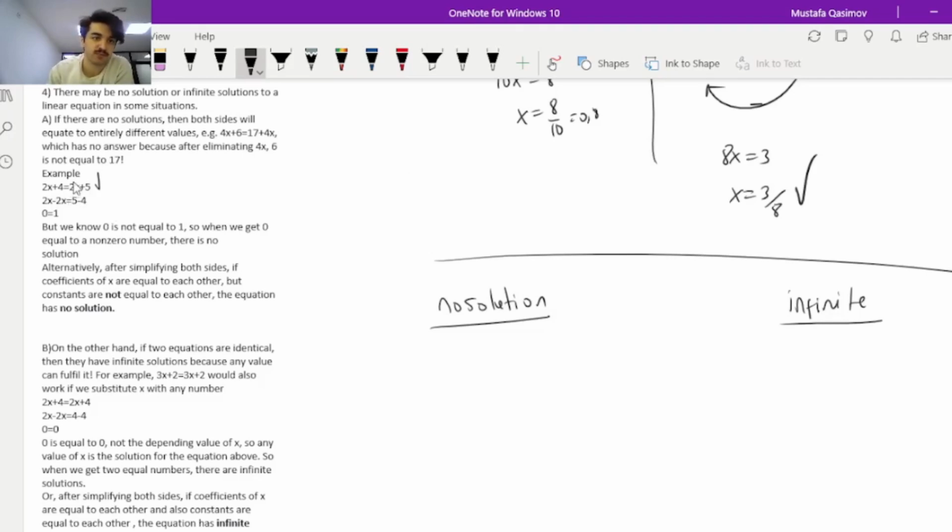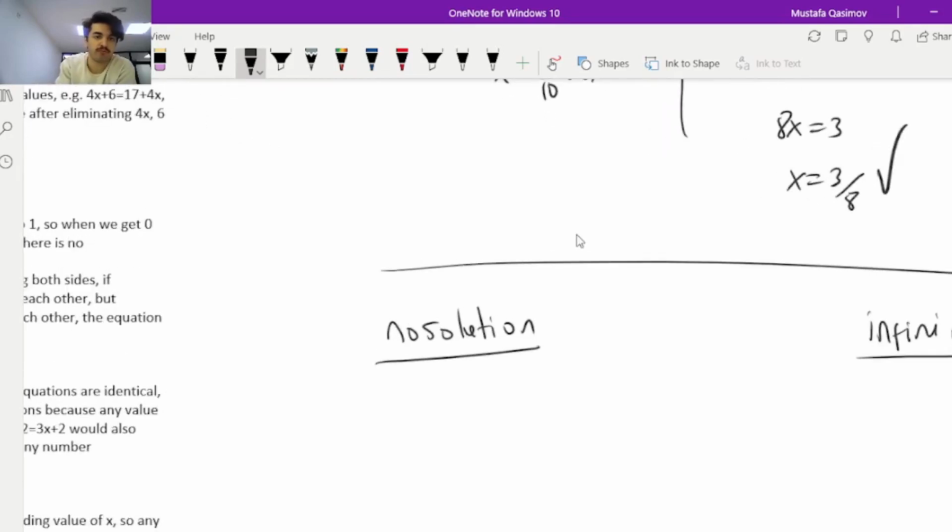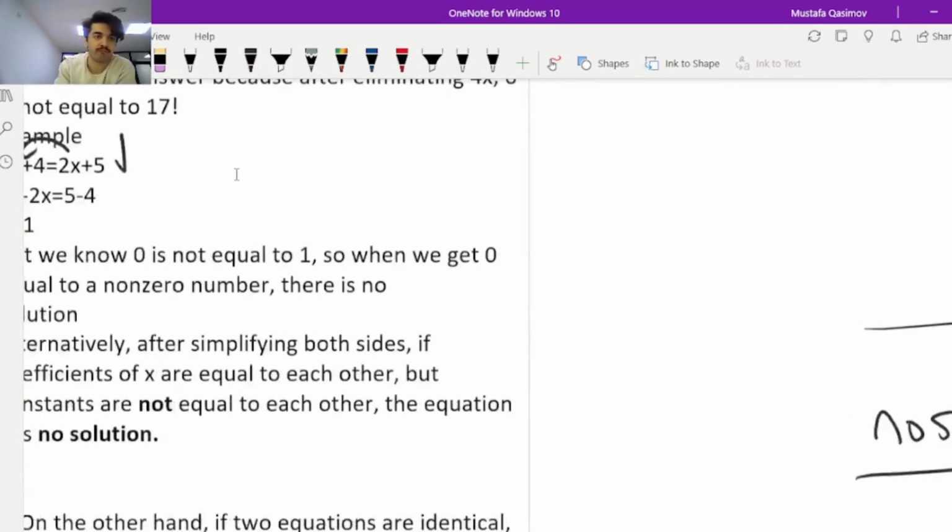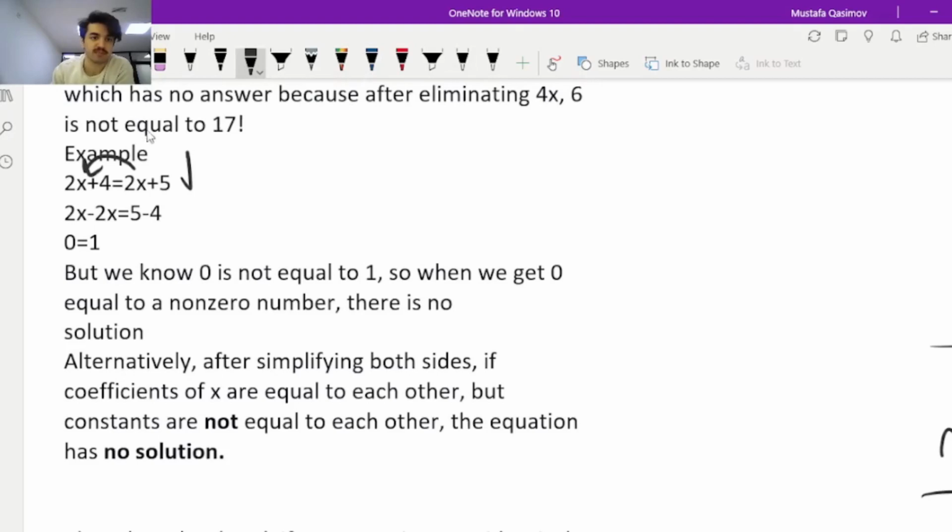We have to move 2x to the second side, so it will be 2x minus 2x, and here we will get 5 minus 4. Then we get 0 is equal to 1, but we know 0 is not equal to 1, so when we get 0 equal to a non-zero number, there is no solution. Because whatever we put instead of x, we cannot make 0 equal to 1.